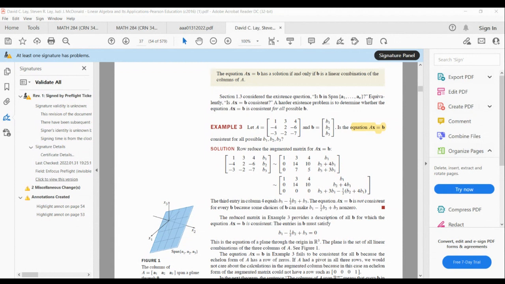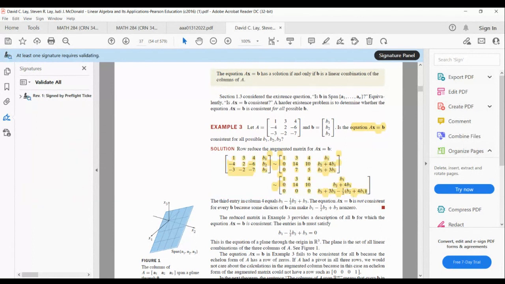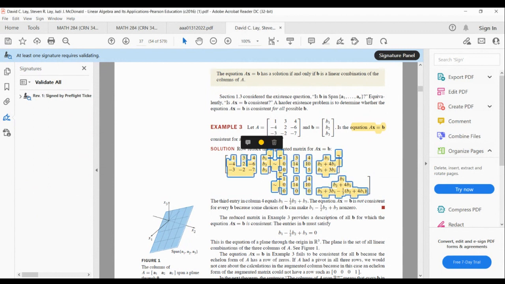So what they do is they say, okay, well, let's see. They go ahead and do some row reduction here. I know what they're doing, but maybe I can be a little more explicit.